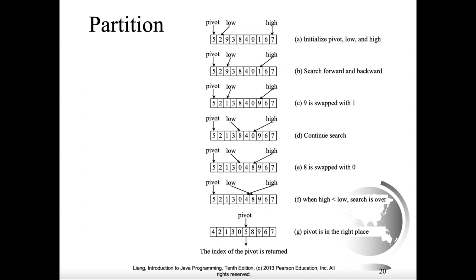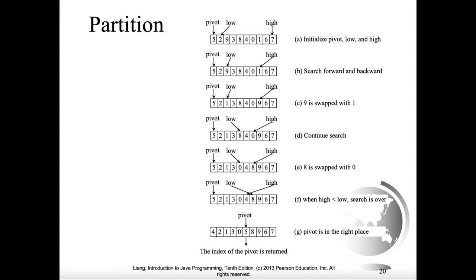And I'm not talking about the value that they point to, the actual value of high and the actual value of low. Low should be the lower index and high should be the higher index. And whenever they pass each other, that means we don't have any other elements in the list. We did all the comparisons that were possible. So that means we have to stop. We don't do any swapping.